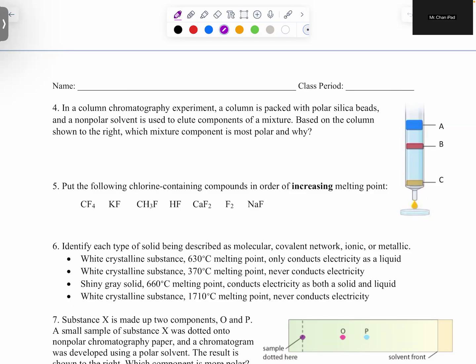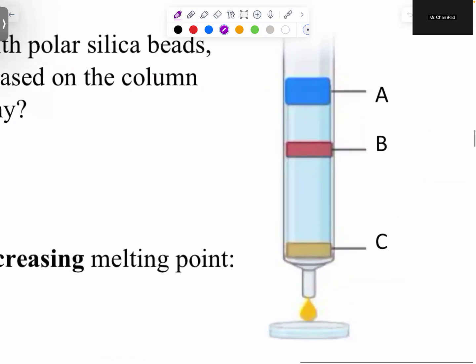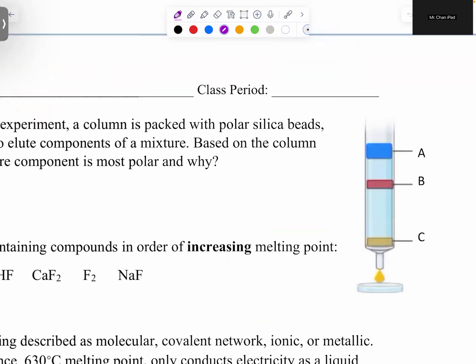Now, when we talk about paper chromatography or column chromatography, we are using what difference to separate these compounds? Polarity, yes. Okay.